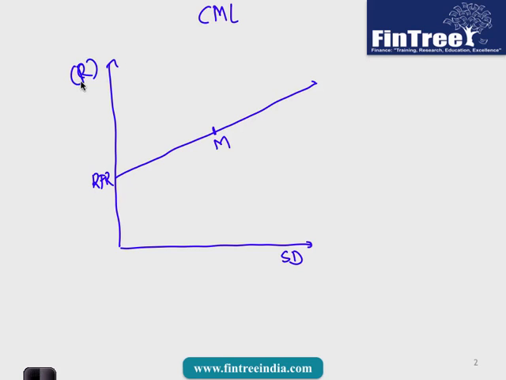So these are expected returns. If an investor wants to take less risk, he will be invested in this part of the curve, and this part of the curve would be which type of portfolio? Lending portfolio, because he will have less than 100% in the market.